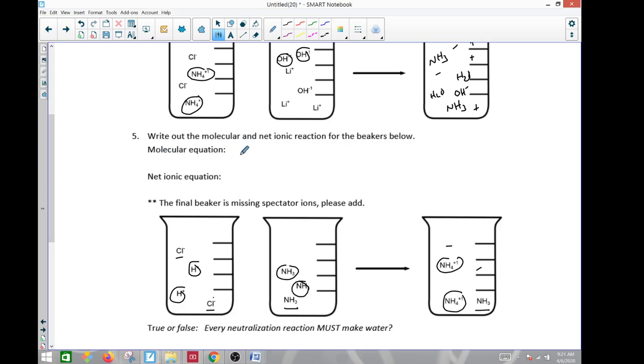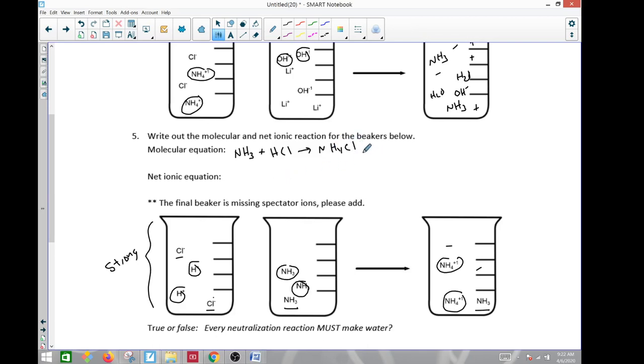All right, let's write the molecular equation. I got ammonia, which is just NH3, and I'm going to react that with HCl, hydrochloric acid. That, by the way, just a reminder, as you drew this, this definitely is a strong acid based on the model that's separated. HCl yields NH4Cl, and you could, in this case, draw NH4Cl if you wanted to.